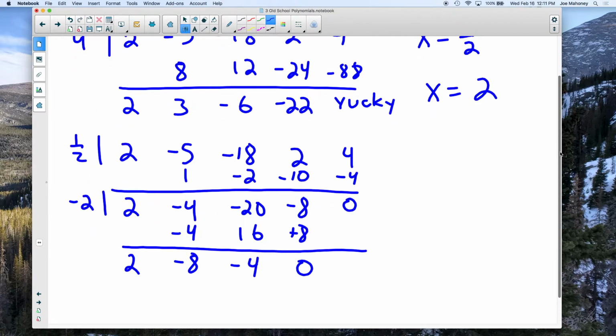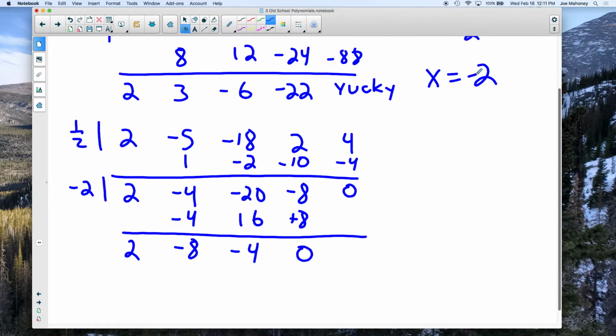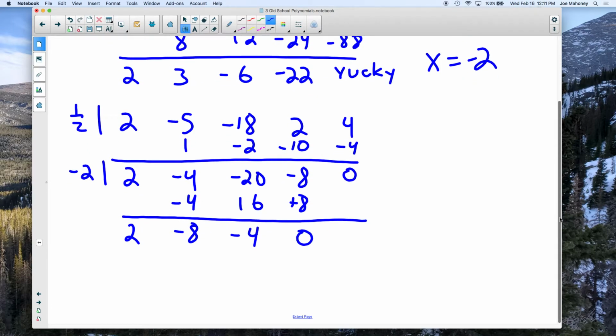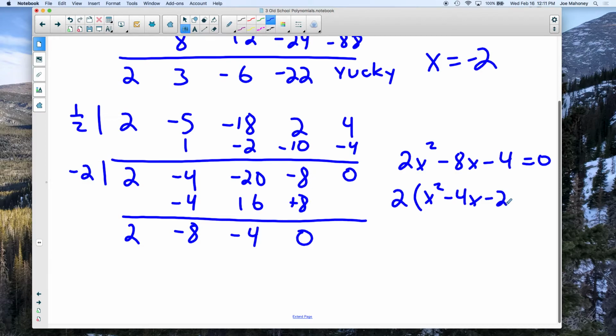And now I got it down to a trinomial. So now I can factor 2x squared minus 8x minus 4 equals 0. And remember, I can factor out that GCF of 2. So now I have 2 times x squared minus 4x minus 2 equals 0.